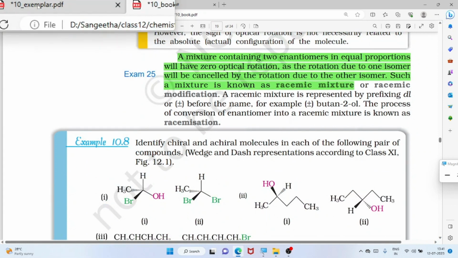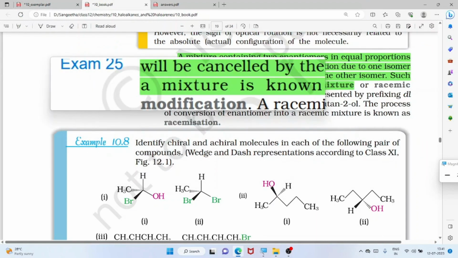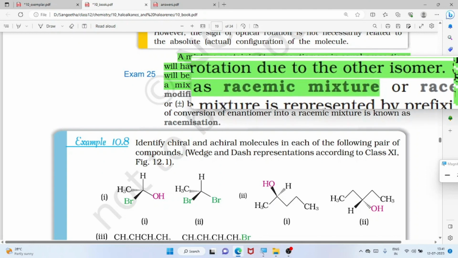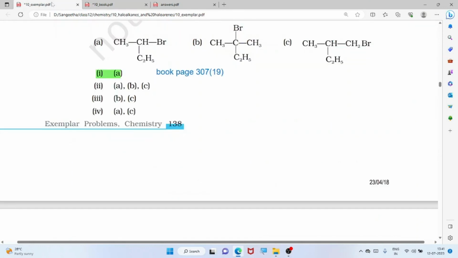A mixture containing 2 enantiomers in equal proportions will have a zero optical rotation, so such a thing is a racemic mixture.